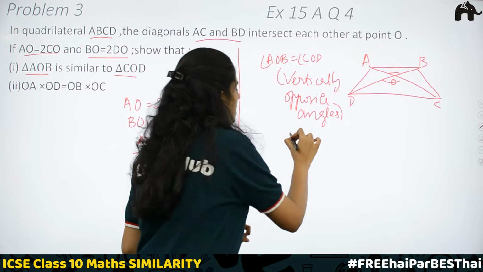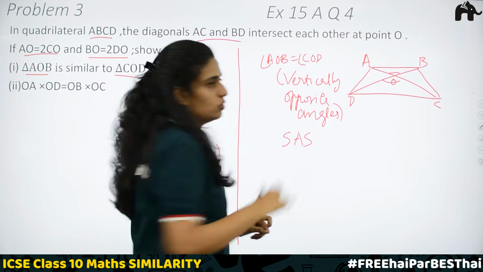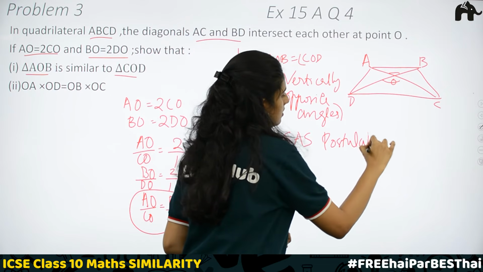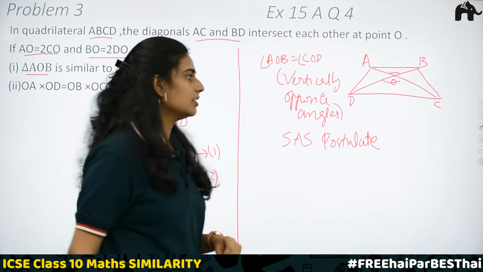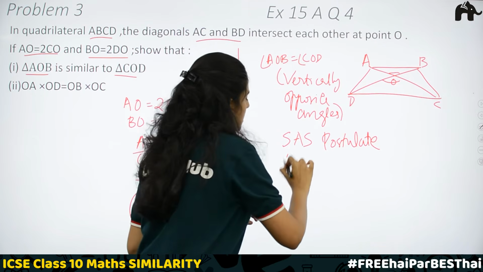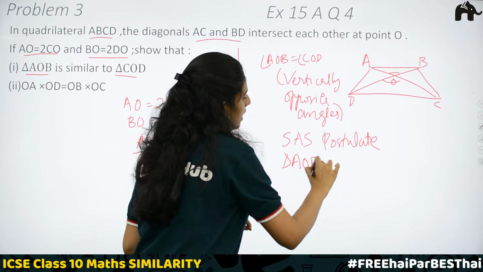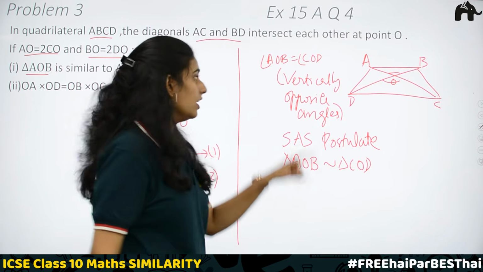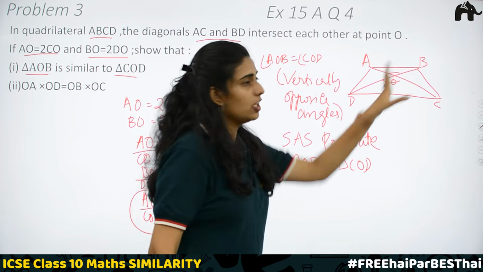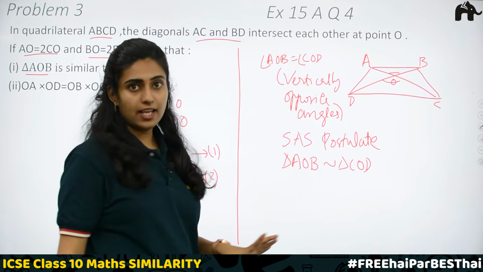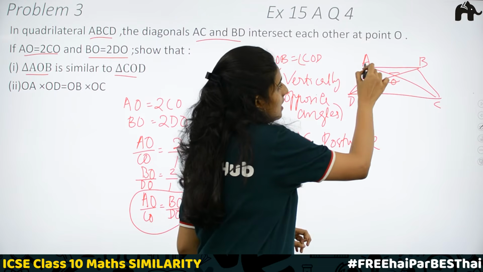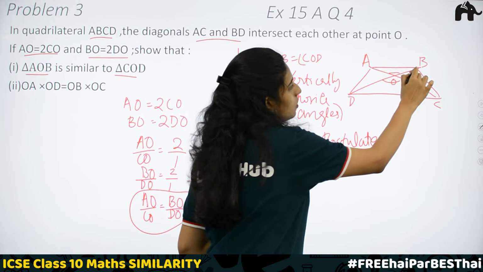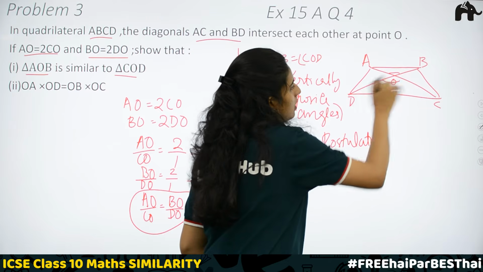That is, by using the SAS rule or the SAS postulate, we can say that triangle AOB is similar to triangle COD. Got it? We have vertically opposite angles equal. Then what else? We have the ratio of AO by OC equal to the ratio of BO by OD.